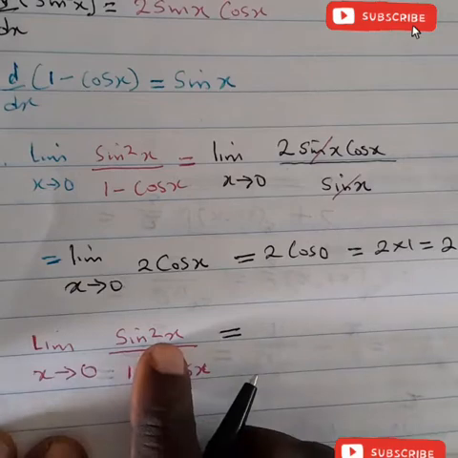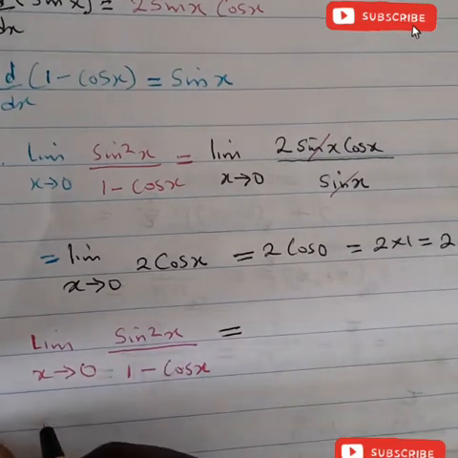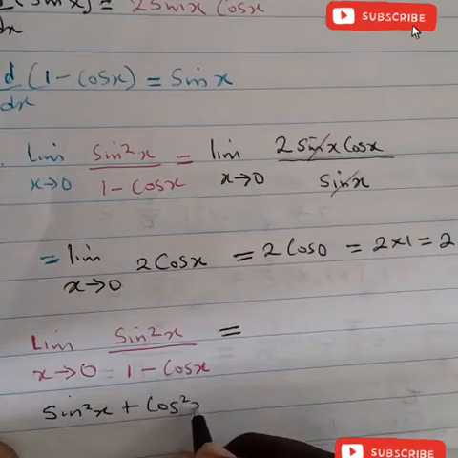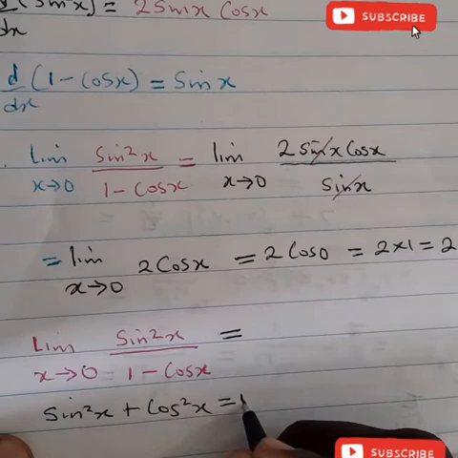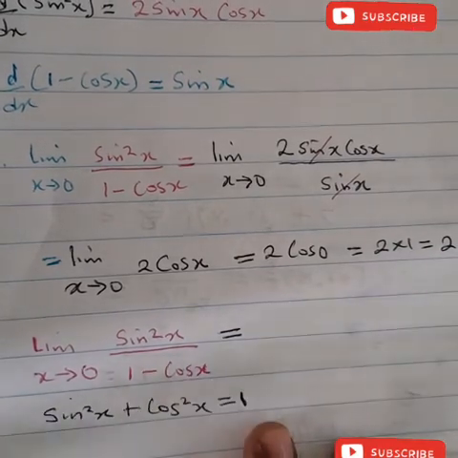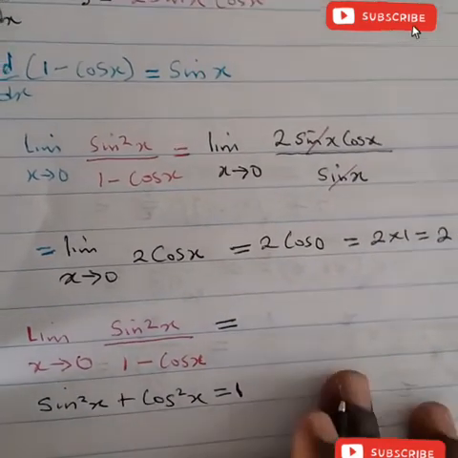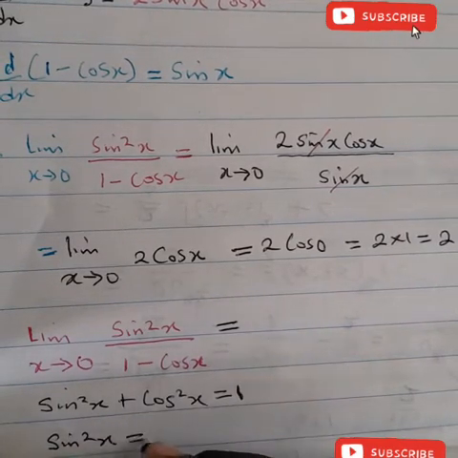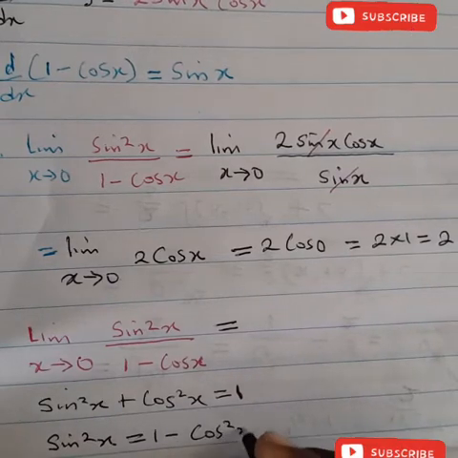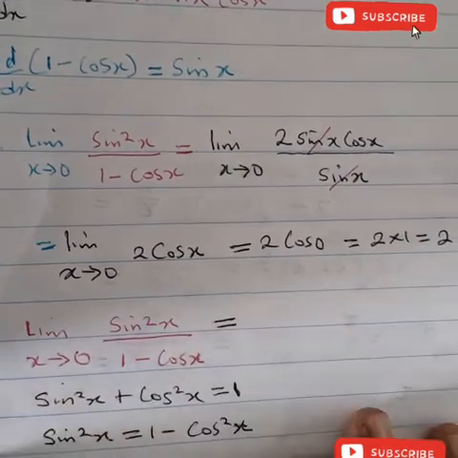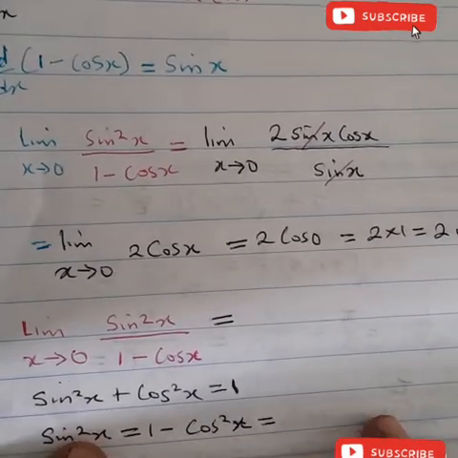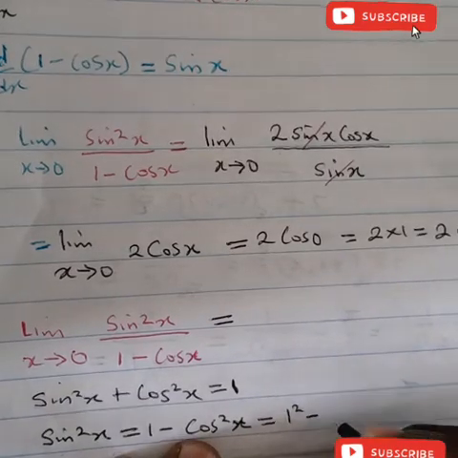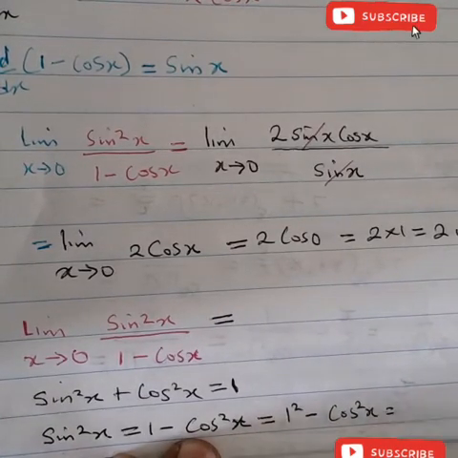From trigonometry, we know that sin squared x plus cos squared x is equal to 1. It therefore means that sin squared x equals 1 minus cos squared x. And this can be written as a difference of two squares: 1 squared minus cos squared x.